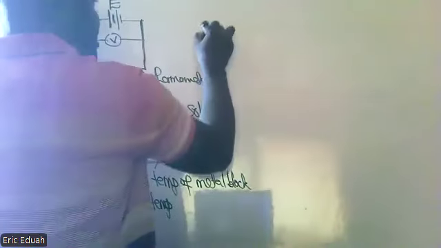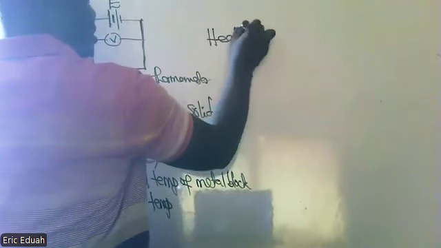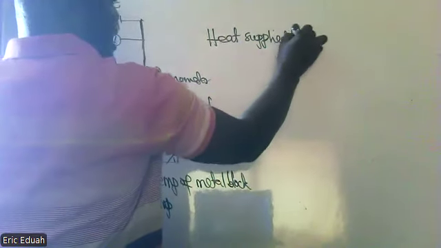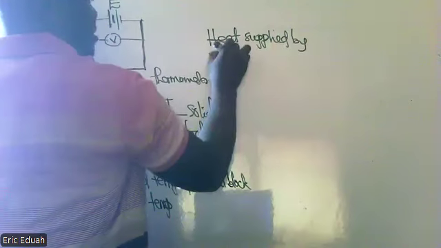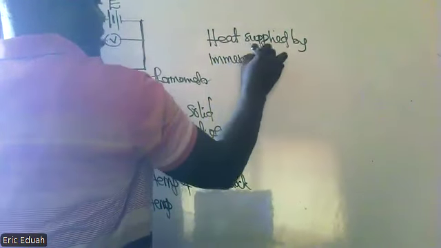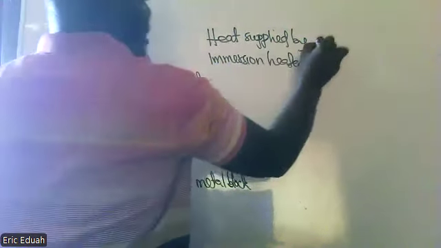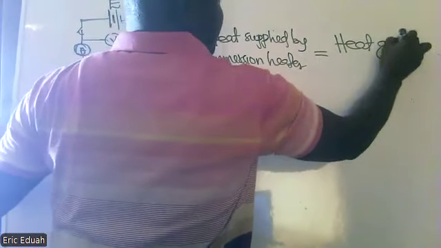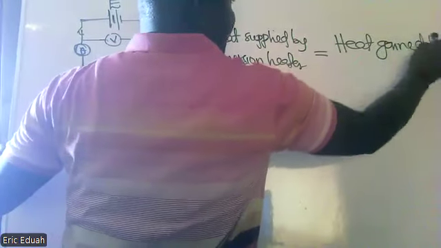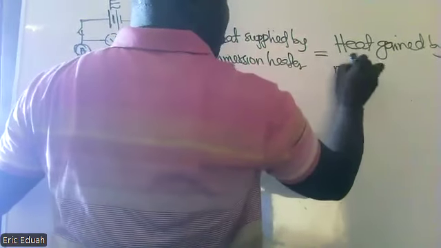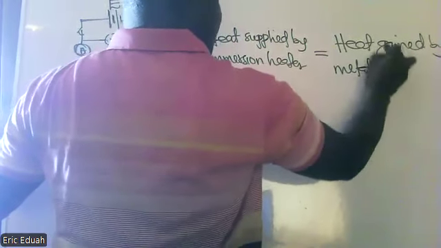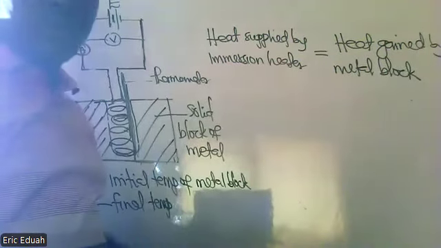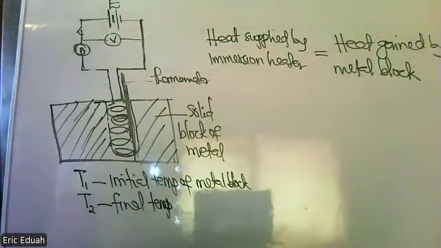So heat supplied by immersion heater equals heat gained by metal block. And so you establish your equation.